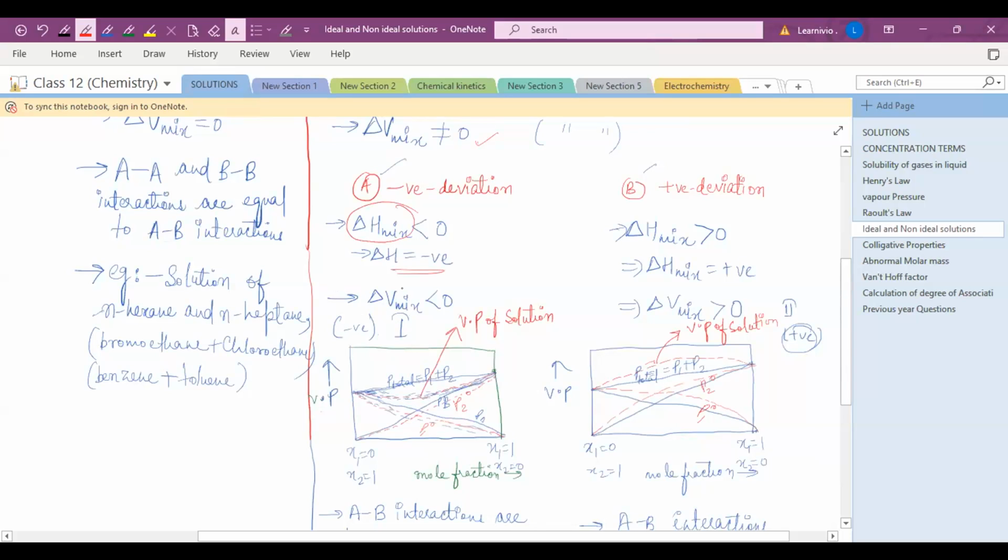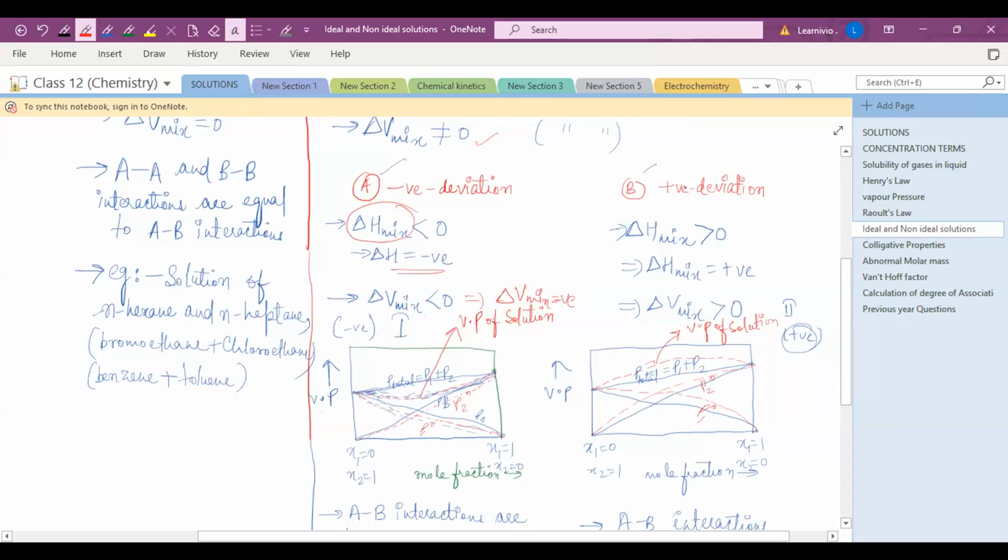And the volume change of mixing is again less than zero, which means the volume change is also negative. So in negative deviation, delta H is negative and delta V of mixing is also negative. Okay? Is it clear?